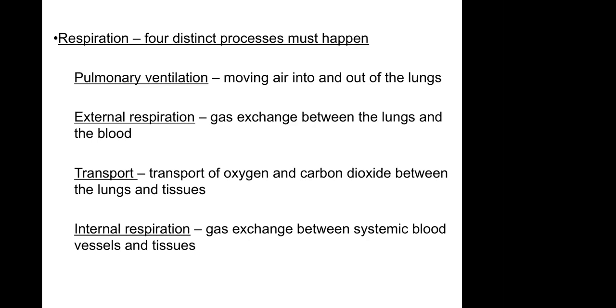Now, we have millions of alveoli, and each alveolus, a microscopic structure, is surrounded by a lot of blood capillaries. When oxygen reaches the alveolus, the oxygen concentration is high in the alveolus and low in the blood. According to diffusion, molecules move from high concentration to low concentration.